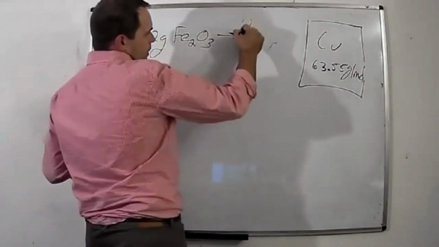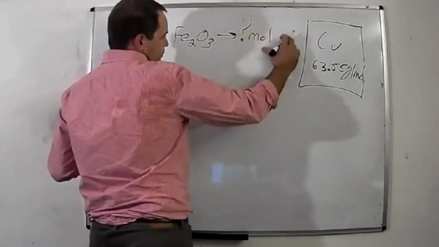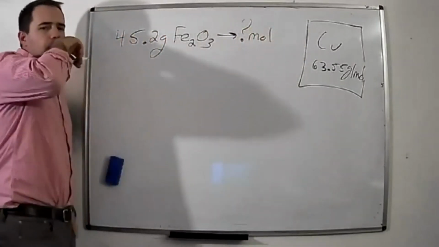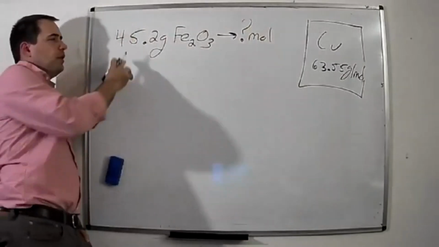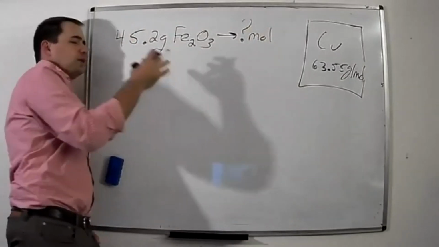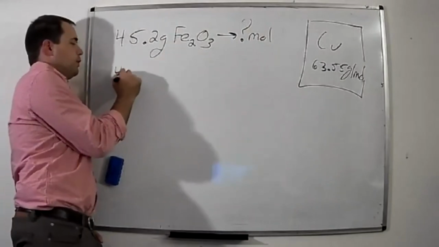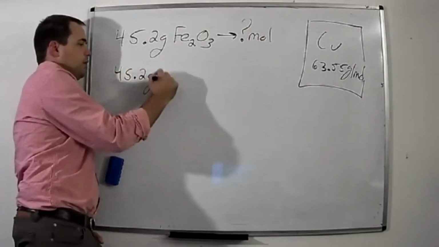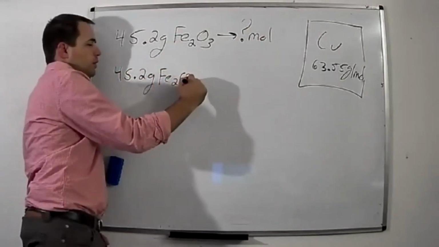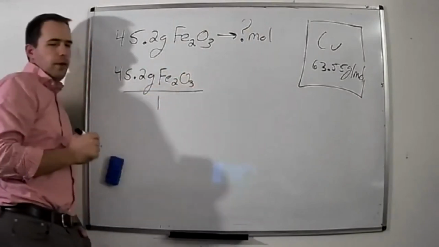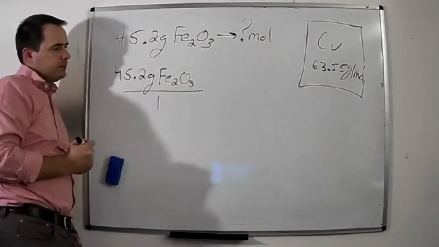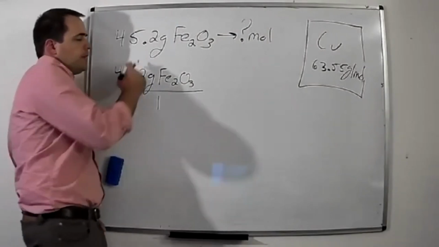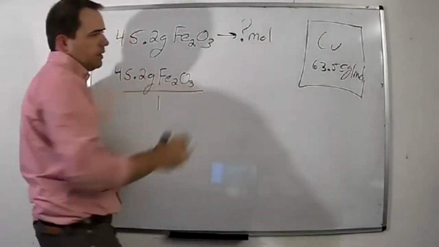And I wanted to know how many moles that was. Again, you always take what you're given with the unit, put it over 1. So 45.2 grams of Fe2O3, put it over 1. And now I need grams to cancel out. I want to end up in moles.